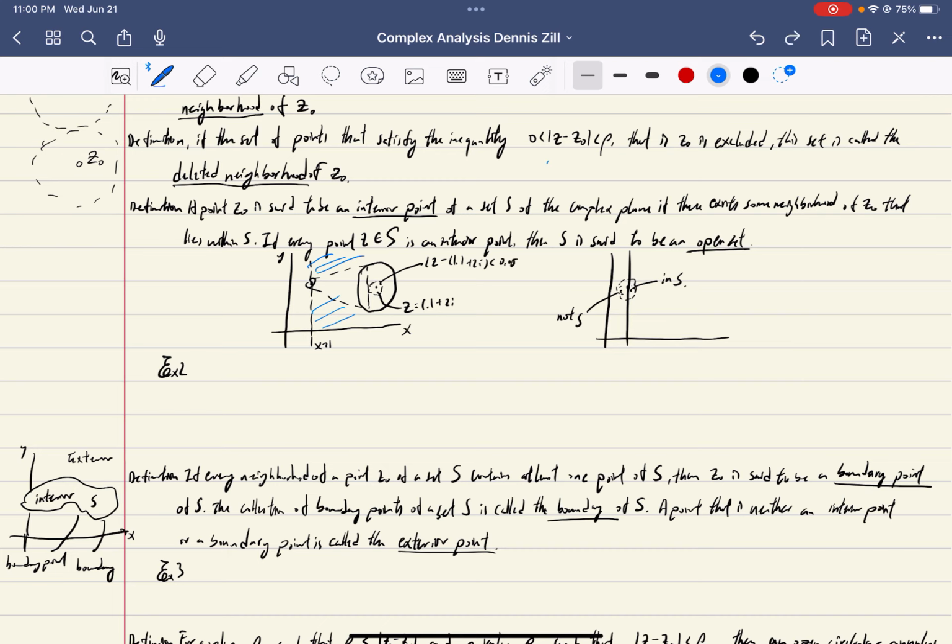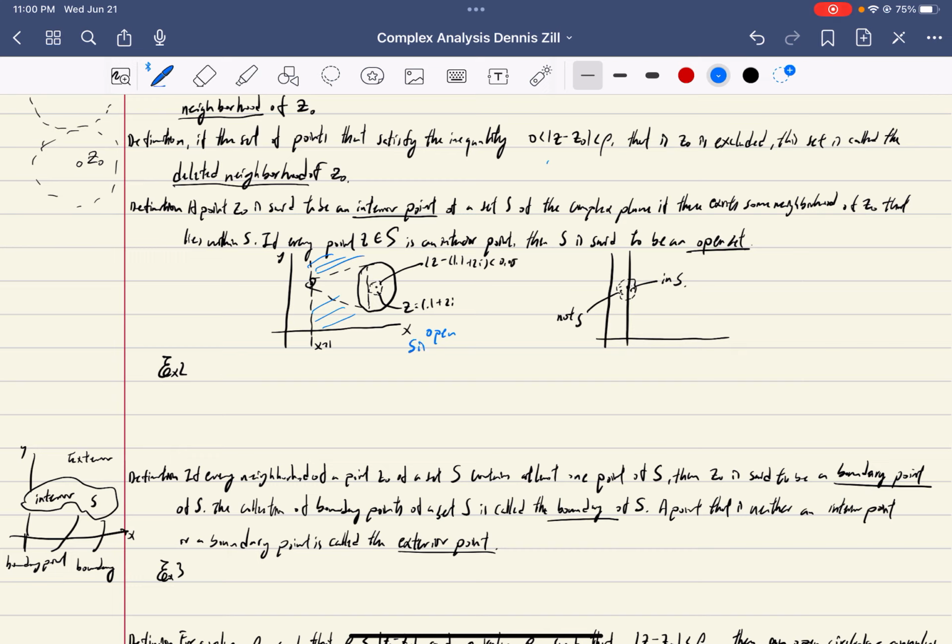If we zoom in, we construct this neighborhood, and no matter how small we construct it, we can never reach the edges. The edge does not count as an element of S. So this is an open set, so we say S is open.